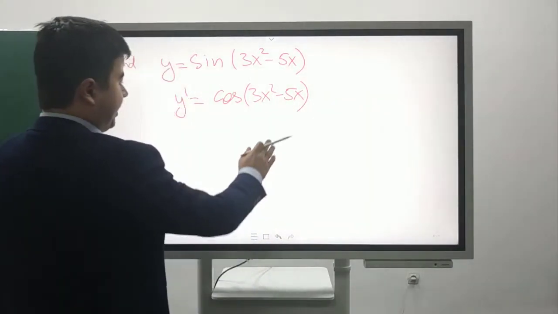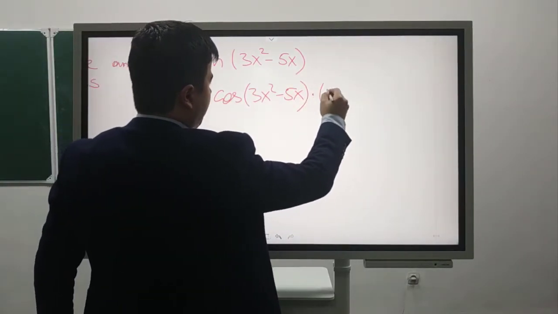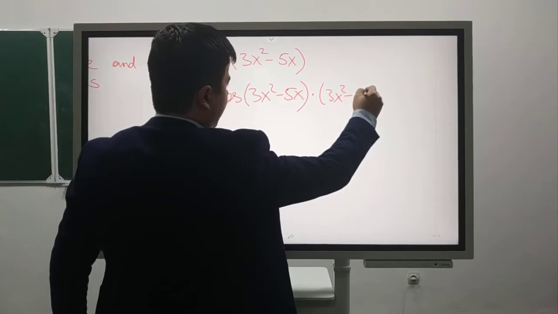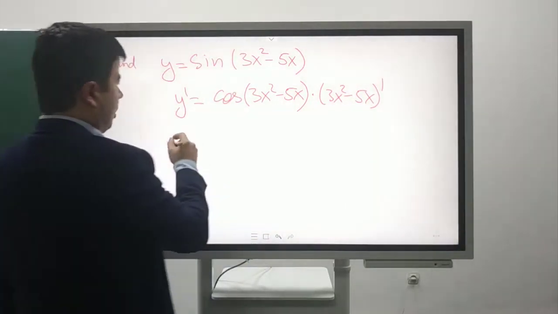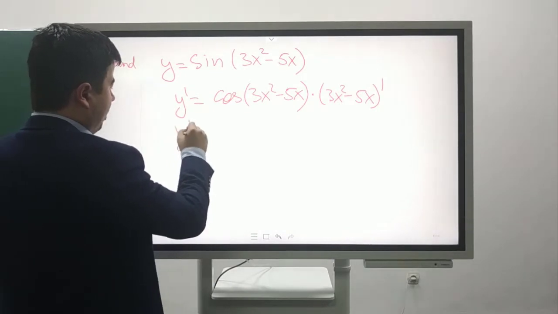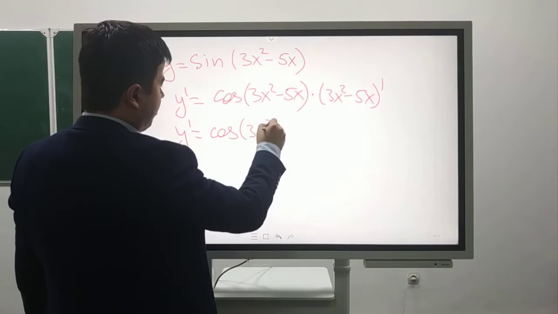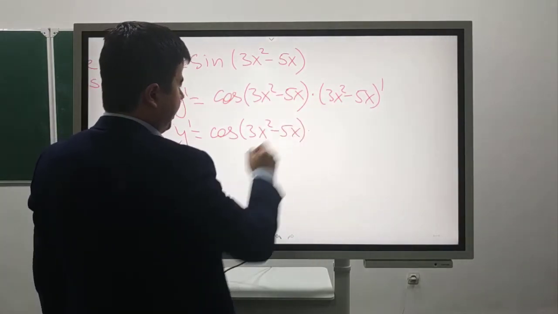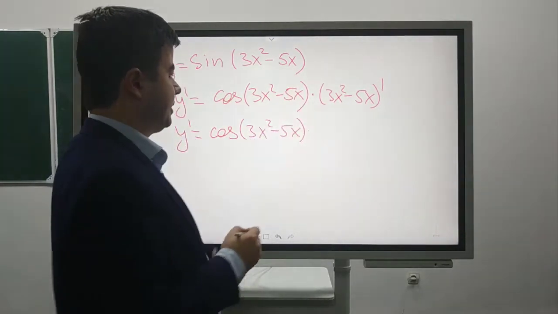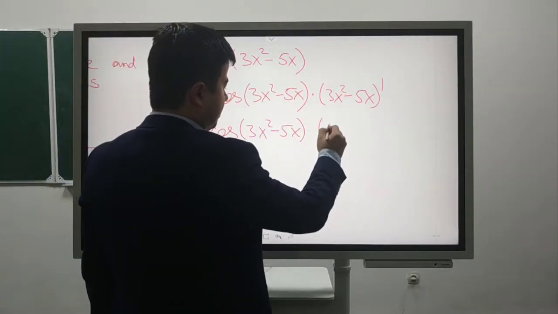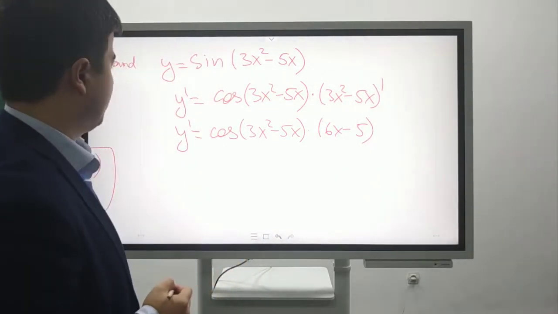So it is times, we multiply by the derivative of 3x squared minus 5x. So y prime is cosine of 3x squared minus 5x times the derivative of this function, which is 6x minus 5. This is the answer of our example.